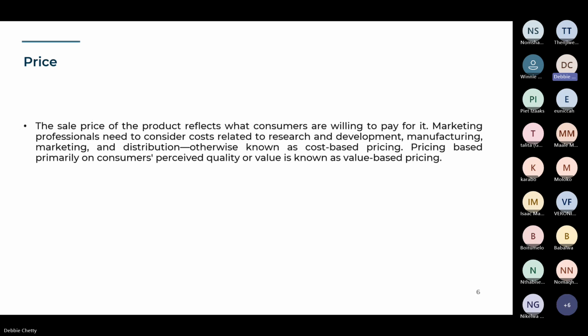And then if you look at the price, when we speak on the price, we look at the sale price of the product, which reflects what customers are willing to pay for it, right? So marketing professionals need to consider costs related to research and development, manufacturing, marketing, and distribution, otherwise known as cost-based pricing. So pricing is also very important because remember, you don't want to overcharge customers.